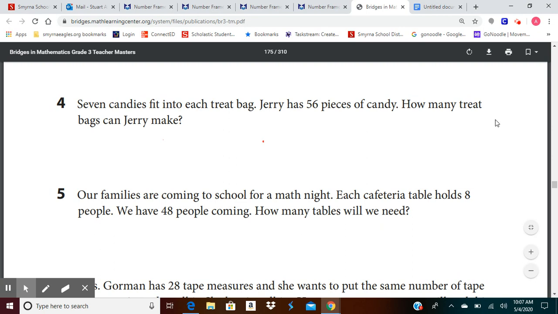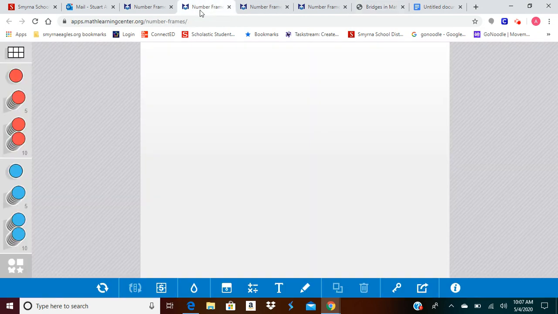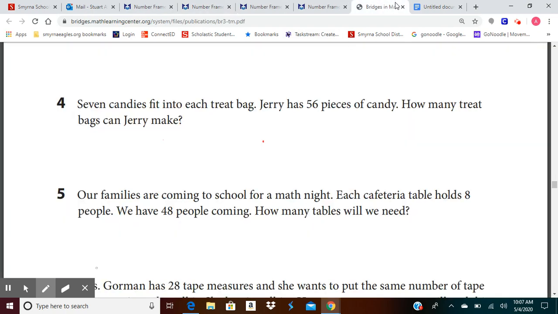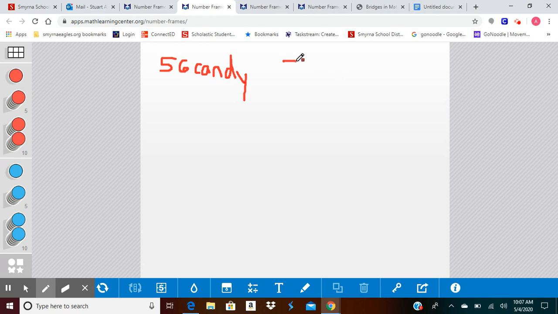So we know that we have 56 pieces of candy. And we know that it says Jerry is putting 7 pieces into each bag.